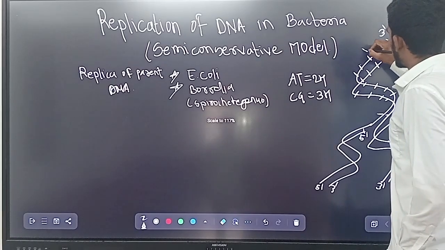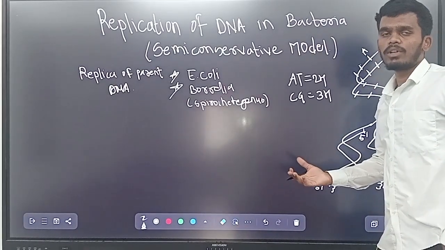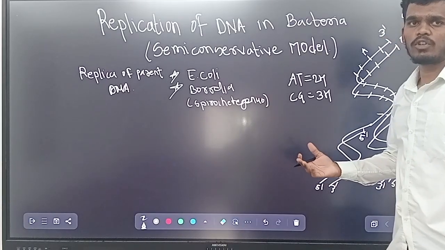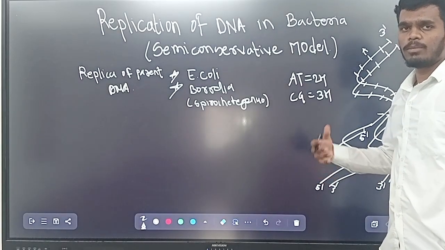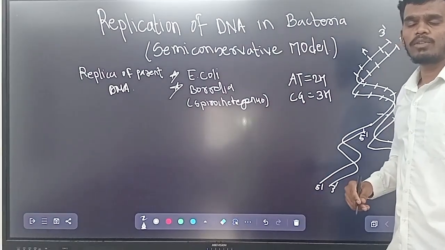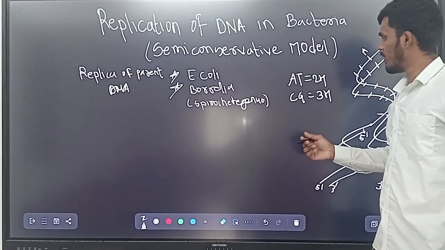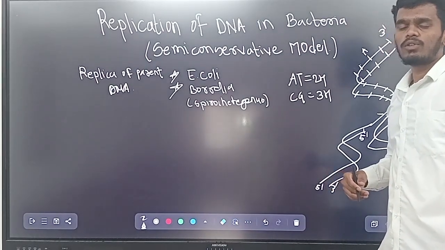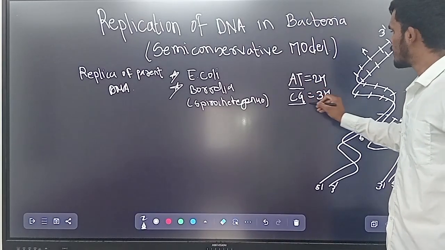So the rule is that always deoxyadenosine triphosphate will get attached to deoxythymidine triphosphate, and deoxyguanidine triphosphate will get attached to deoxycytidine triphosphate. So the bonds that get formed should be known.